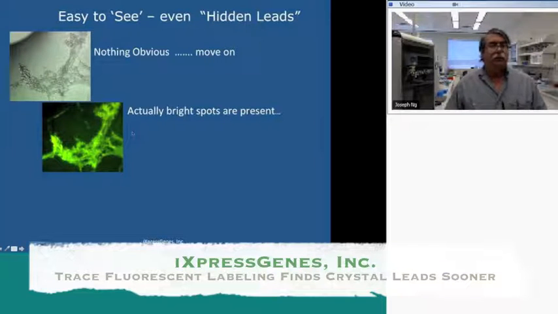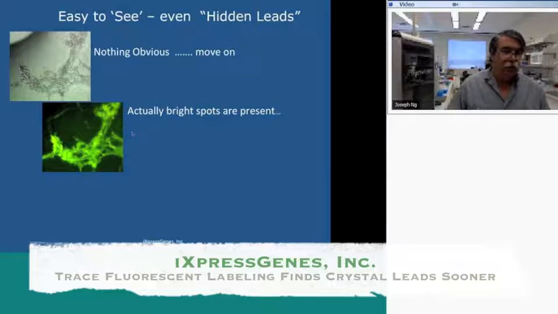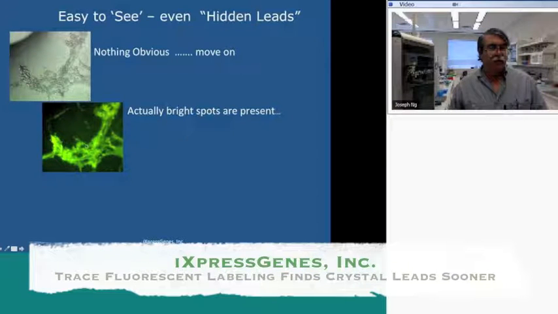But the general rule of thumb for fluorescent trace labeling is that intensity equals structure. The more dense the structure is, the more intense the illumination will be, or the fluorescence emission. And the crystal being the most dense structure, they're going to be the brightest of the emitters.